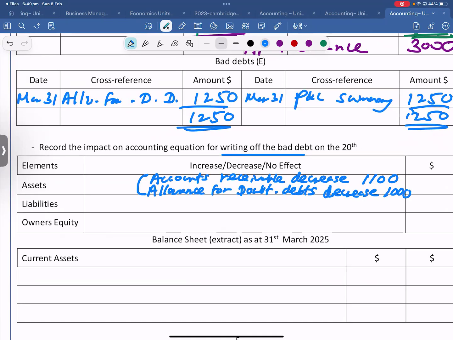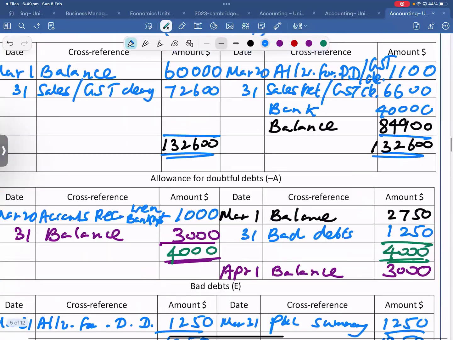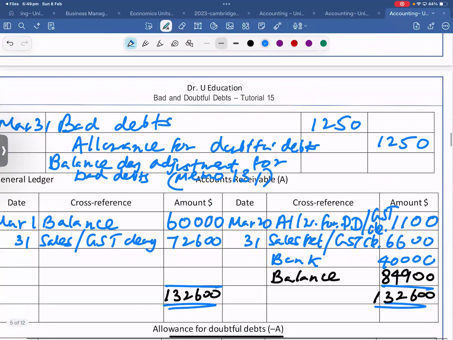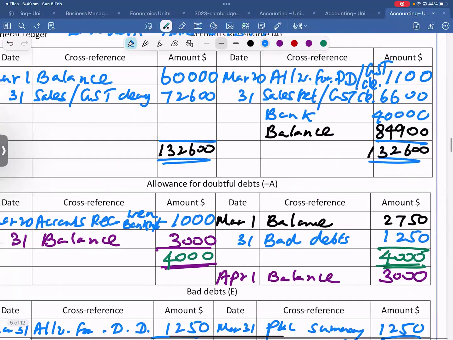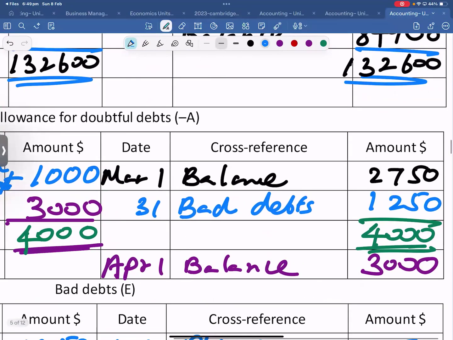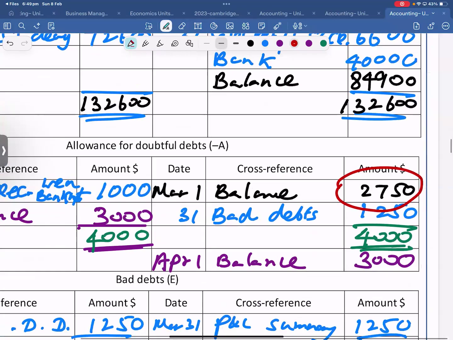I have a question with this, because you guys didn't ask me. Allowance for doubtful debts decreased by 1000. What does that mean? When we start the period, what did we say? We said the allowance for doubtful debt, we are not sure about this one. We said 2750 is the opening amount.